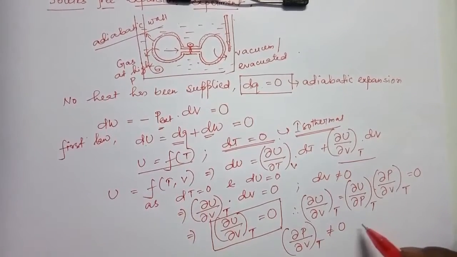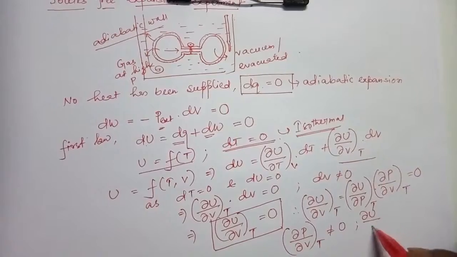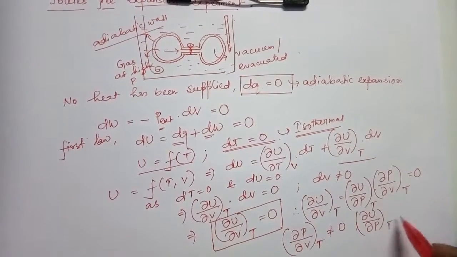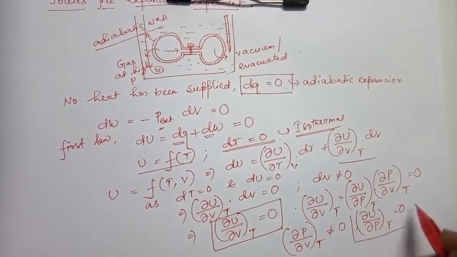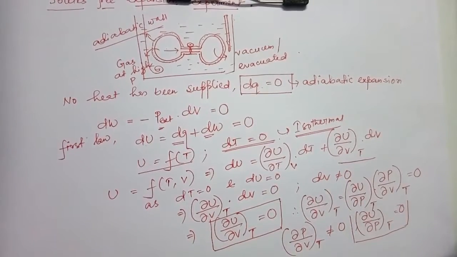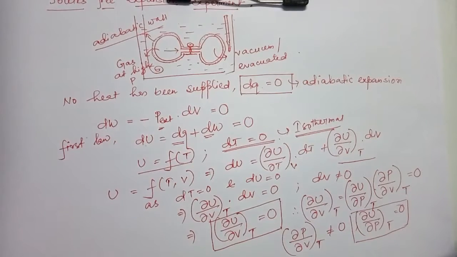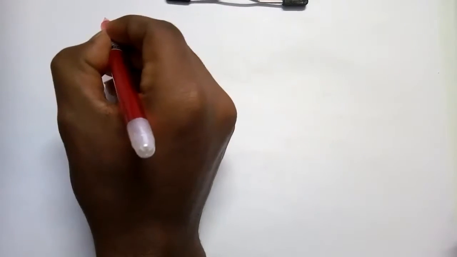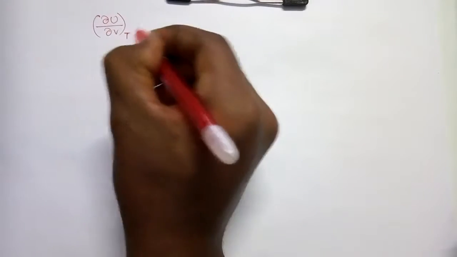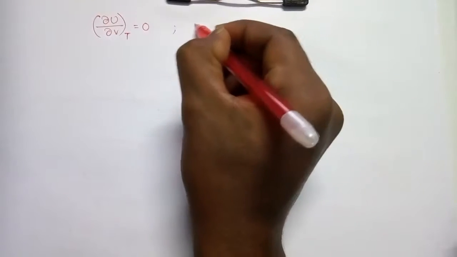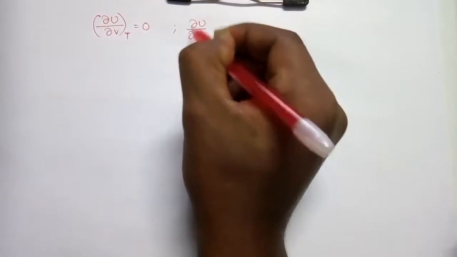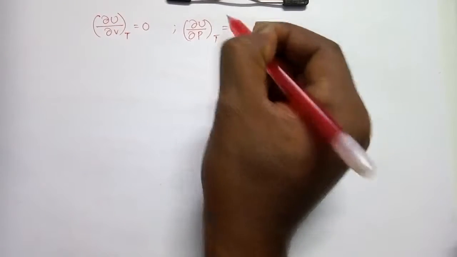So we can write del U del P at constant T equal to 0. This is also one condition for free expansion, that del U del V at constant T equal to 0 or del U del P at constant T equal to 0. So we already proved both, right?